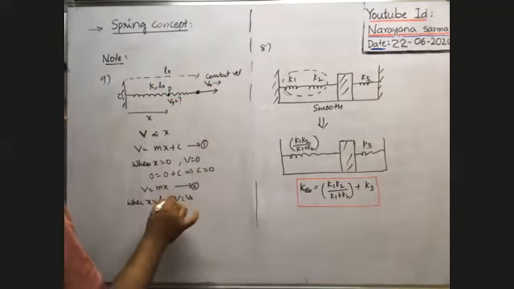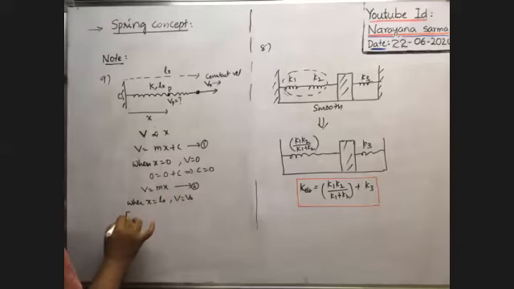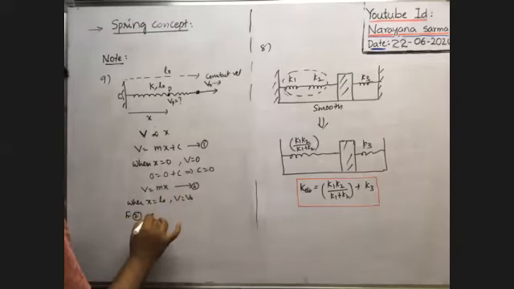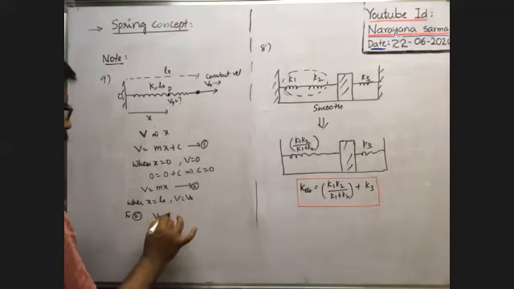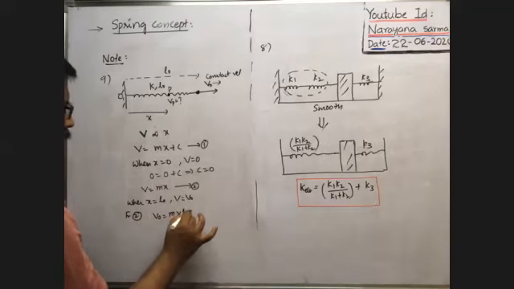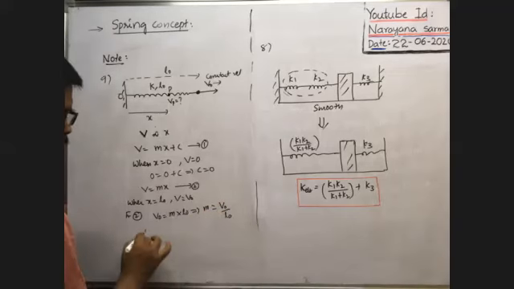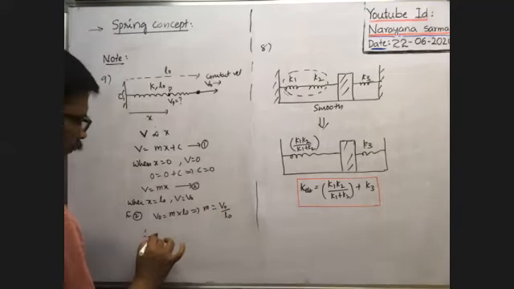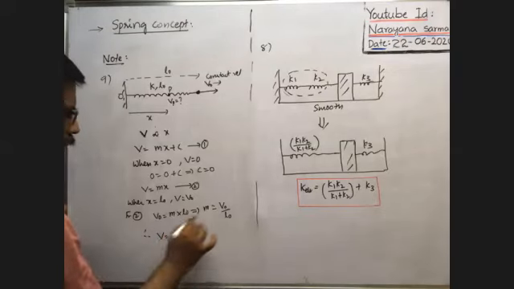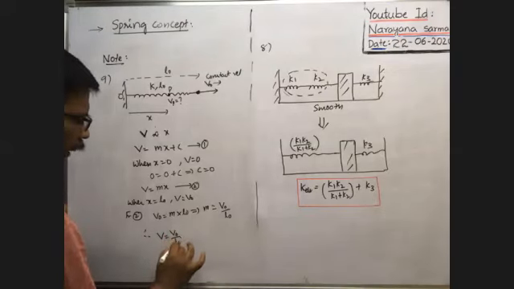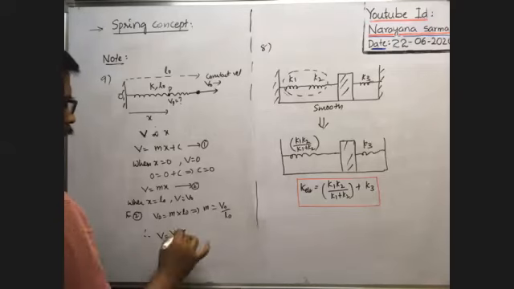Therefore, you substitute these values in equation 2. v means v0 is equal to m into x, which is L0. This implies m is equal to v0 by L0, no? Therefore, v is equal to v0 by L0 into x.